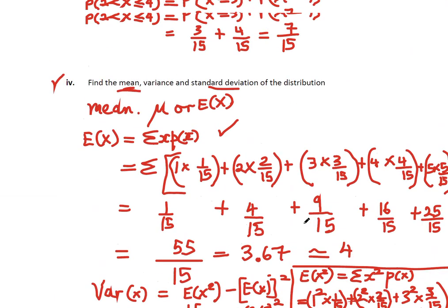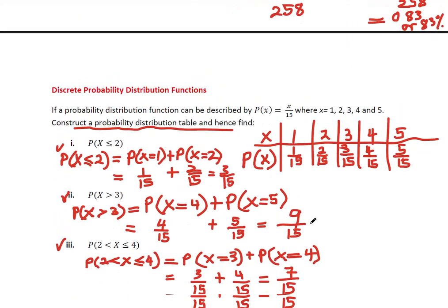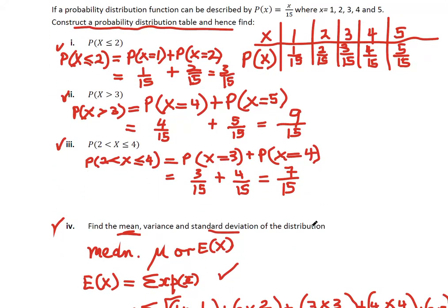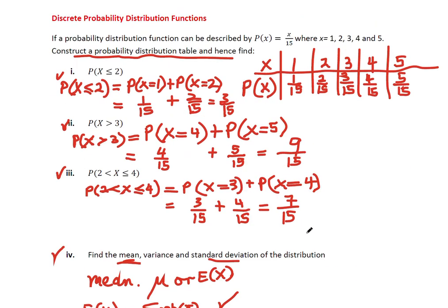And that is how we compute expected value, variance, and standard deviation for any discrete probability distribution function represented in the form of a table, which we derived earlier. And we also looked at how to calculate probabilities from a probability distribution function or probability distribution table.